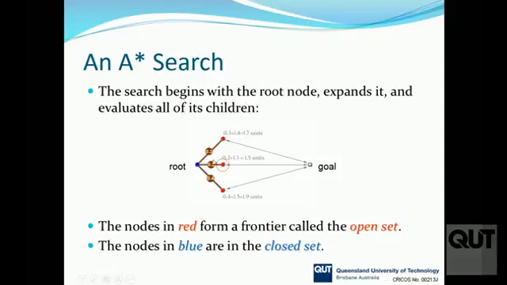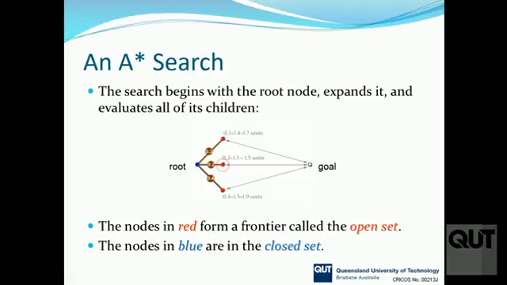So we need an open set, or a data structure where we can have all of these nodes open that are coloured red. So the nodes in red form what is called a frontier. Basically, A star forms a frontier and keeps picking nodes off that frontier until it comes up with an optimal pathway. So this frontier is what's called the open set.